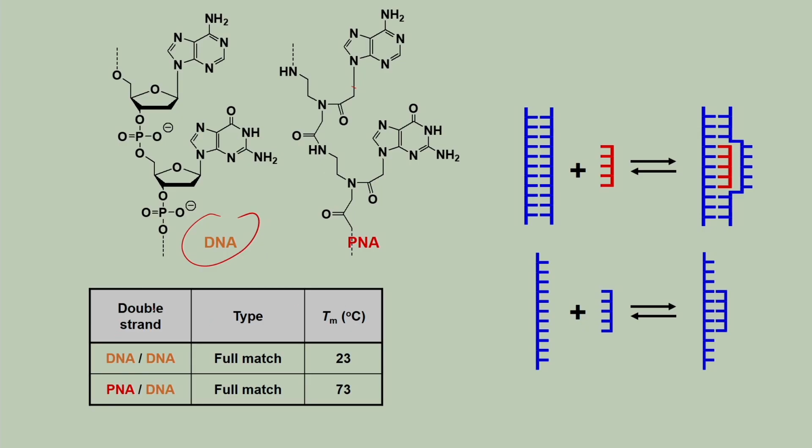See here, double strand, if you have a DNA double strand full match, then the temperature is 23 degrees Celsius. If you consider that this DNA has a 23 degrees Celsius melting temperature, the same length using only a PNA instead of this DNA full match has a melting temperature around 73, so high, huge difference.